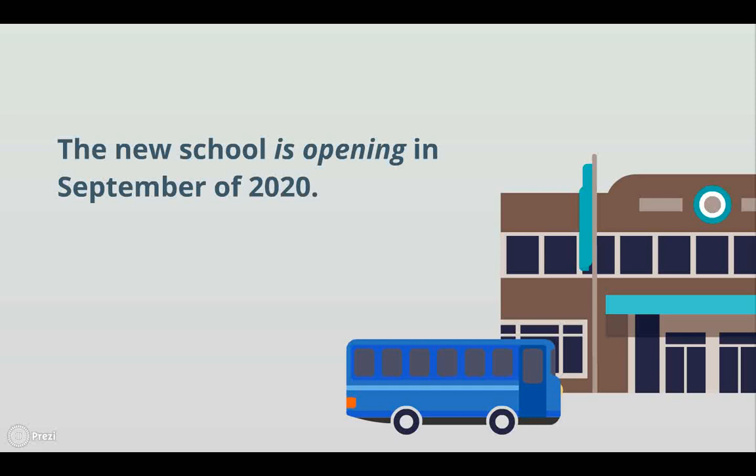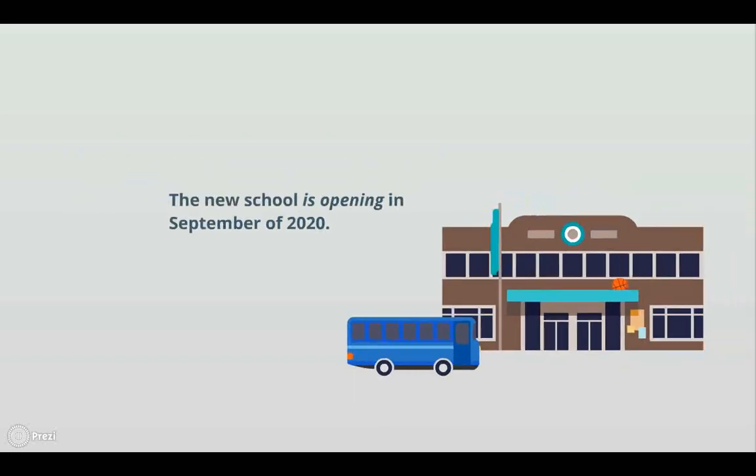It's on the calendar, everyone is planning on it, it's a fixed arrangement, and so we use present continuous instead of saying will open. That would be a general prediction instead of this.